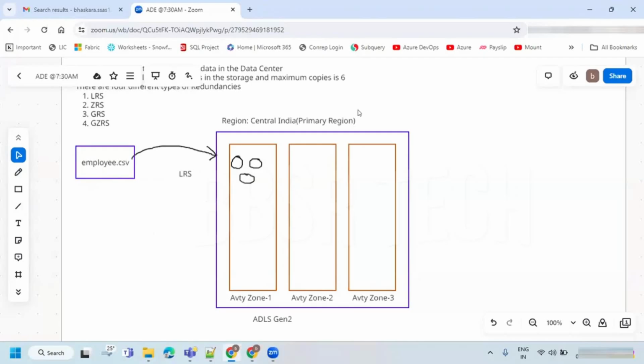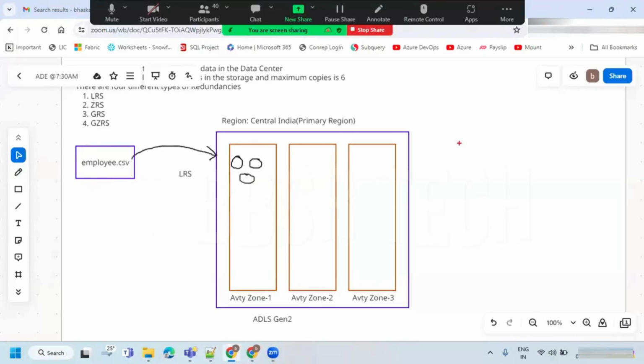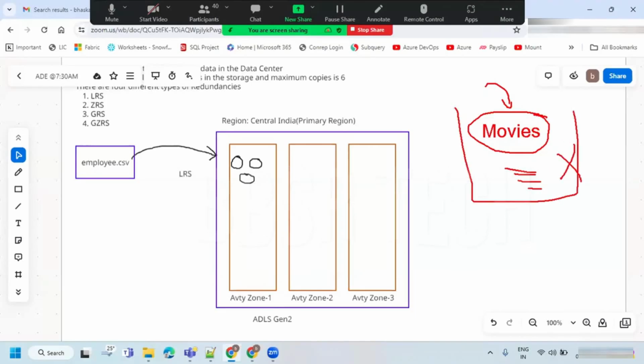Let's say, for example, I have some movies. I stored these movies because I want to watch them. You stored them in the laptop, and one fine day your laptop is corrupted. Then you are going to lose the movies.